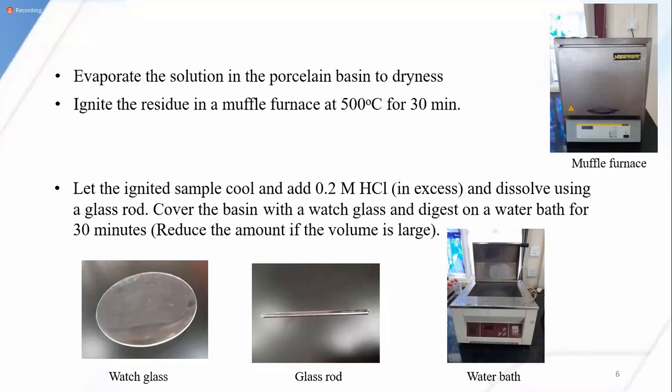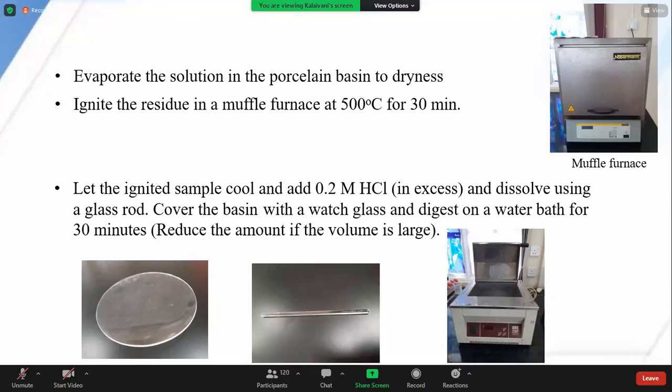We are going to determine those ions now by titration. I already told you in the principle. The ignition is for the conversion of cations into oxide, and then we add this HCl to convert that oxide to the chloride form. Did you all understand the purpose of adding HCl?